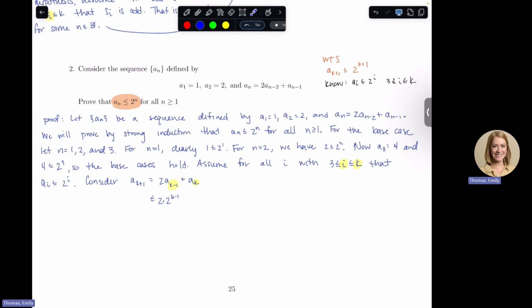So A sub I is less than or equal to 2 to the I, so A sub k minus 1 is less than or equal to 2 to the k minus 1. What about A sub k? It's less than or equal to 2 to the k.